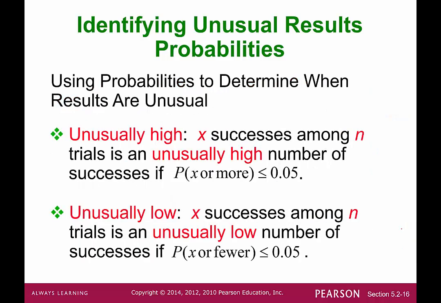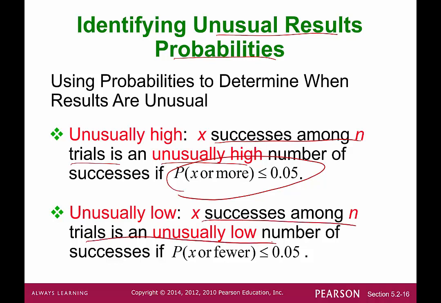Also, we can use other methods to identify unusual results. Unusually high: if x successes among n trials is an unusually high number of successes, if the probability of x or more is less than or equal to 0.05. And if the probability is very small, then it's probably not likely to occur. Also, it could be unusually low: x successes among n trials is unusually low. For example, let's flip a coin 1,000 times and get 990 heads.